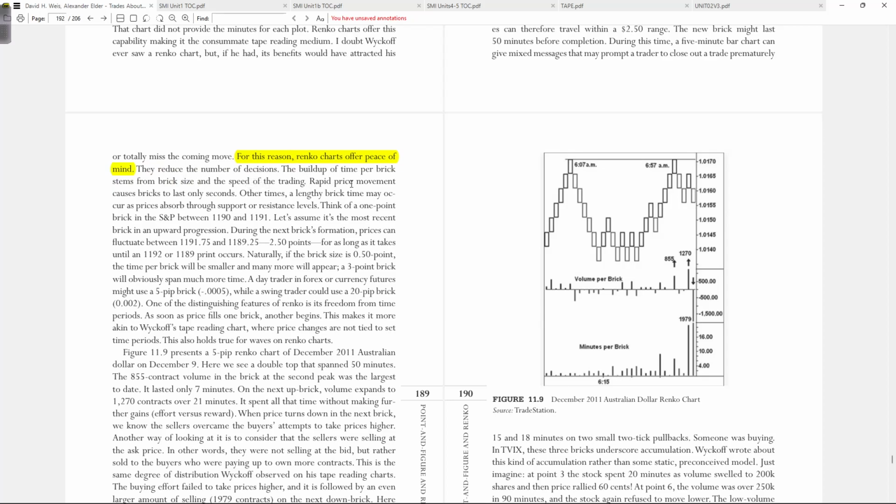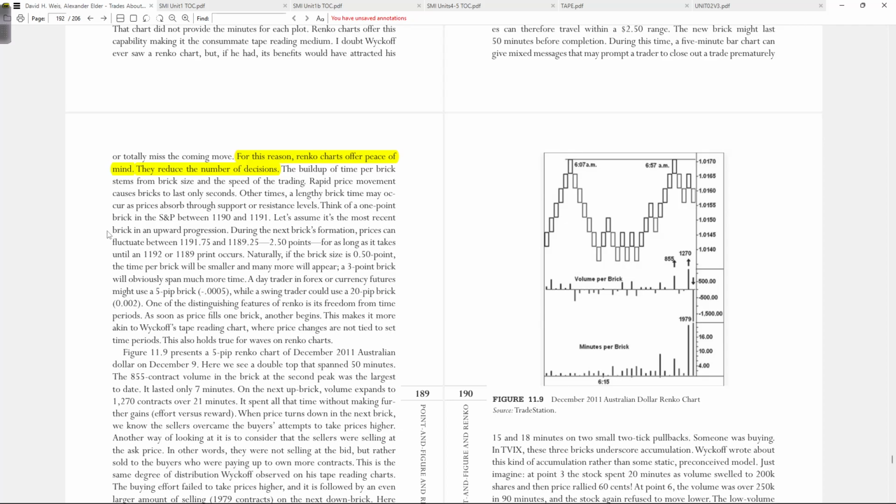The buildup of time per brick stems from brick size and the speed of the trading. Rapid price movement causes bricks to last only seconds. Other times, a lengthy break time may occur as prices absorb through support or resistance levels.